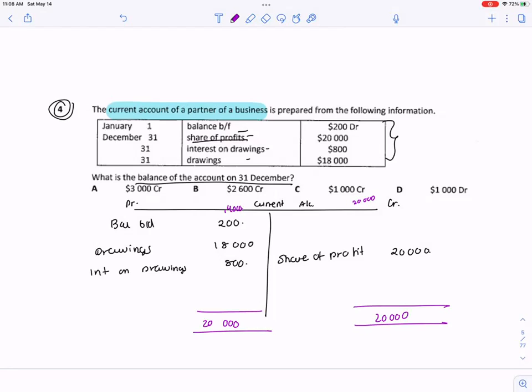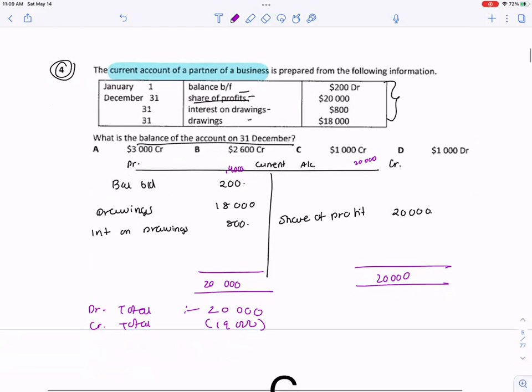From this credit total, I will subtract the debit total, so you'll get 1,000. This we will write over here on the small side.